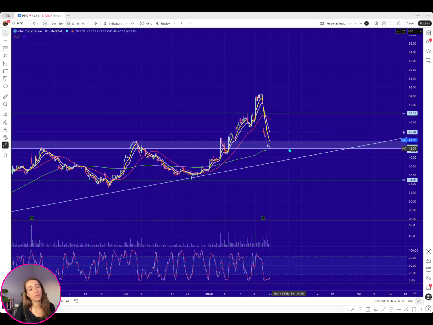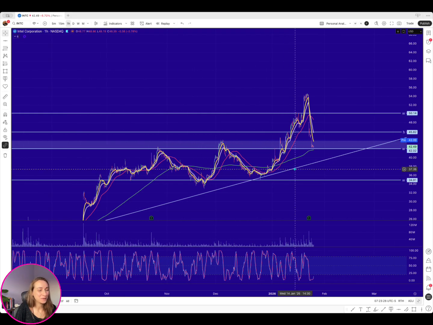That's why you also want to use the levels as an invalidation point. So if it breaks and closes below here and starts to move away from it, then you would call that move invalidated for now. And then just look for the entry again, because maybe it's going to travel a little bit lower. Maybe it's going to travel to this uptrend line. We don't know.